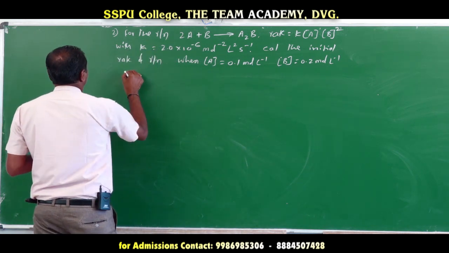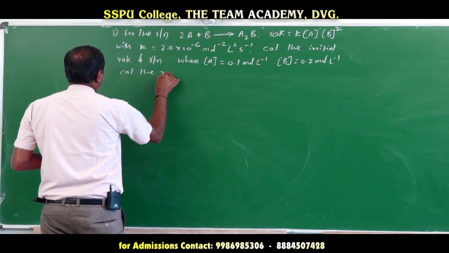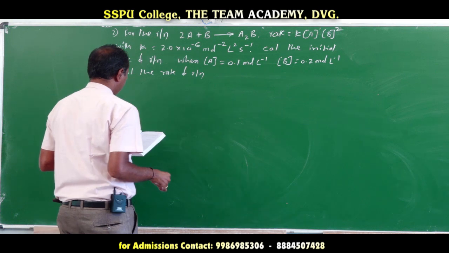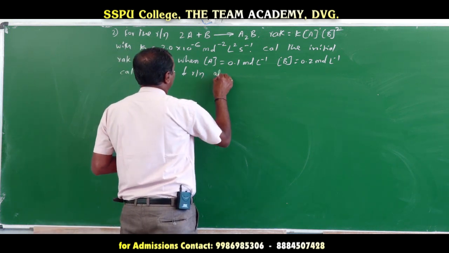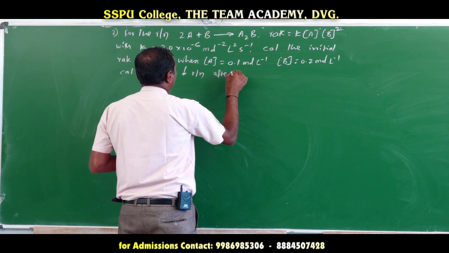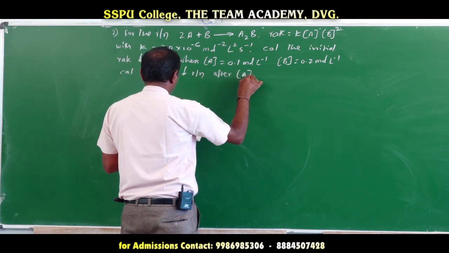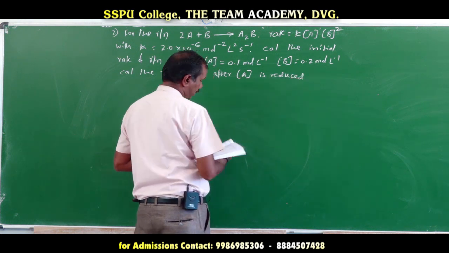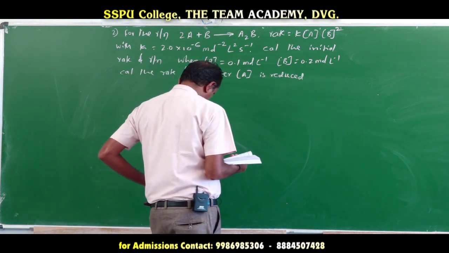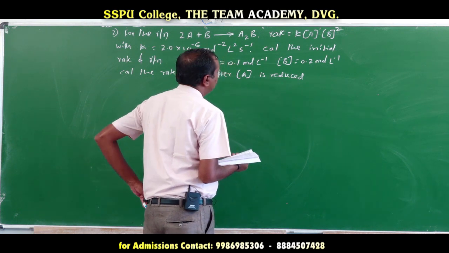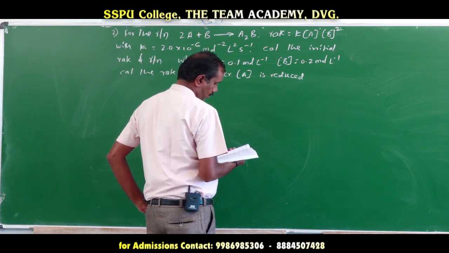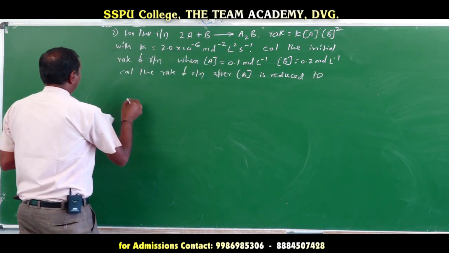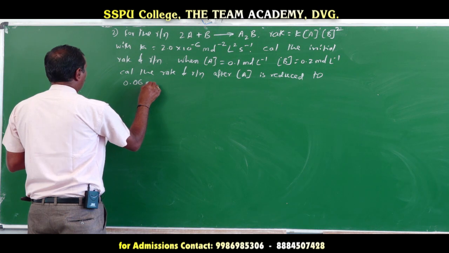So, calculate the rate of reaction after molar concentration of A is reduced to 0.06 mole per liter.